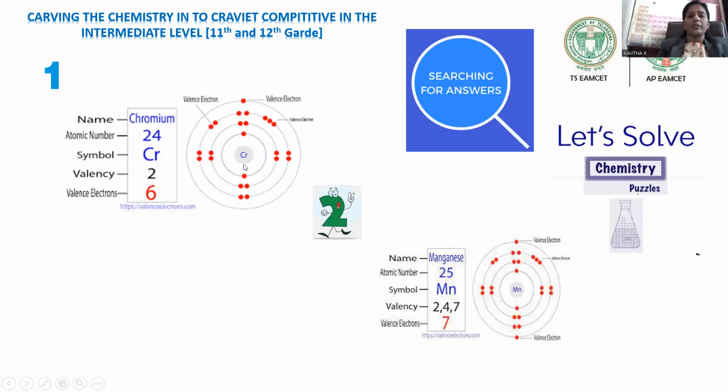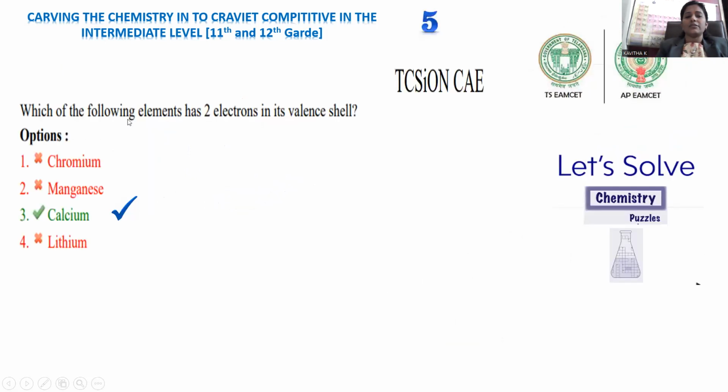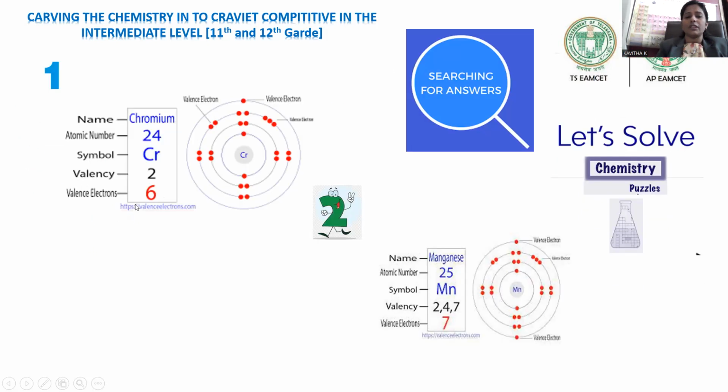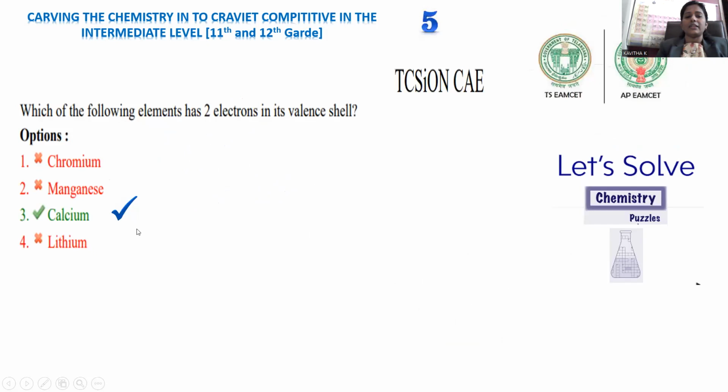If you see chromium, it is a d-block element where the atomic number of chromium is 24. Valency is nothing but the ability to bind with other atoms. And valency electrons are found to be 6, right? The actual question is about valency electrons only, the number of electrons in the valency shell. So here 6 electrons are there, so chromium will not be the right answer.